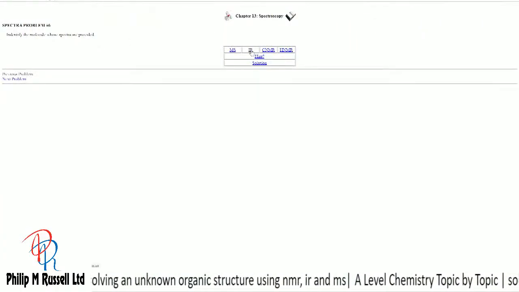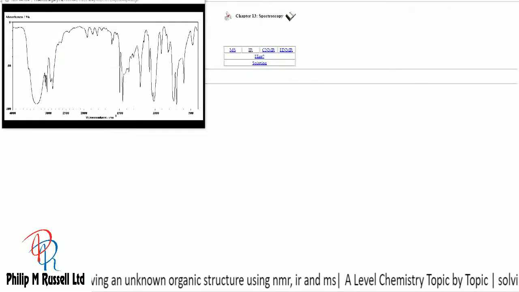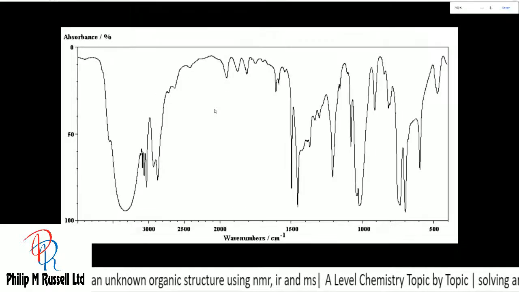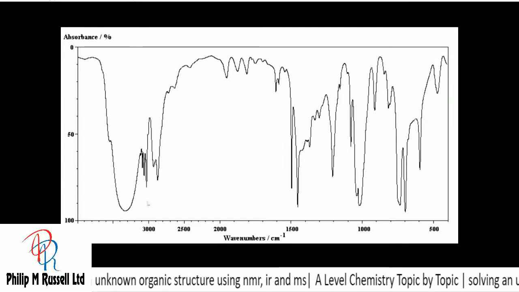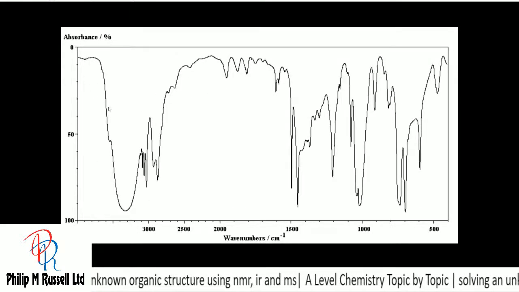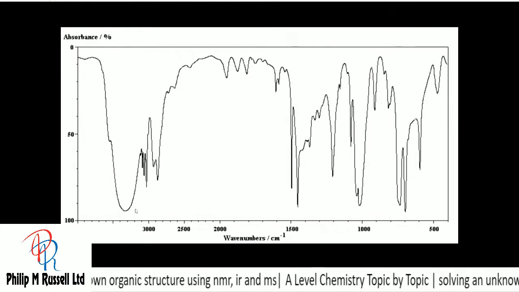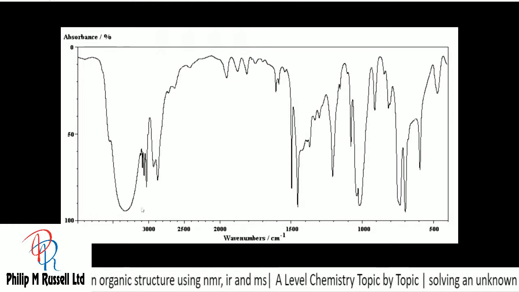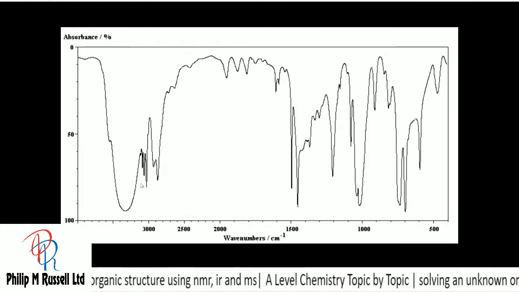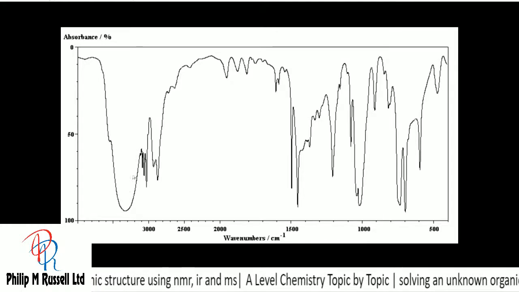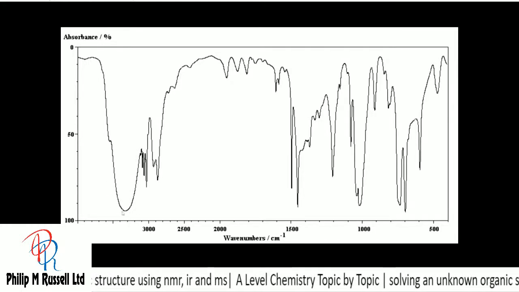Okay, so you start with the IR. Nice and simple. And I'll just make it bigger. Okay, so like as we saw before, there's a peak here. And that looks similar to what we saw in the previous question, which is an OH. It's broad, you can recognise it. You don't even need to look at the spectroscopy table to tell that's an OH.